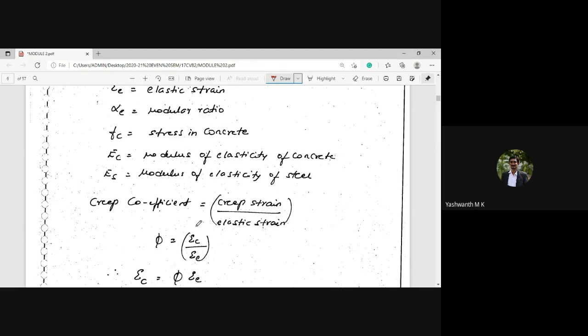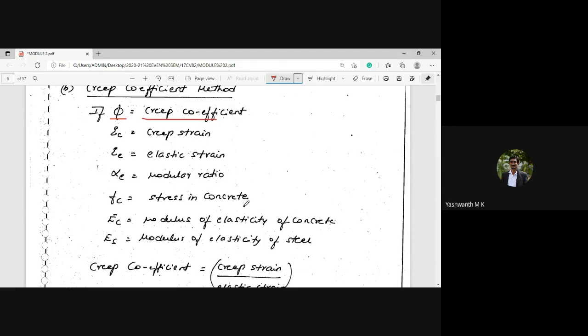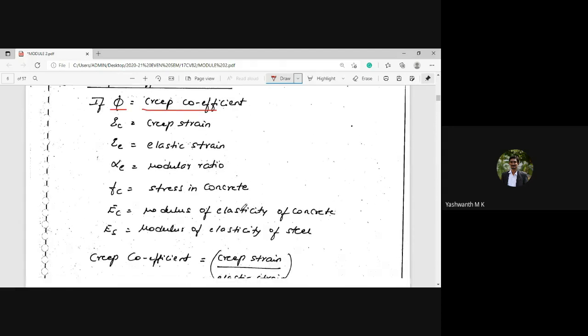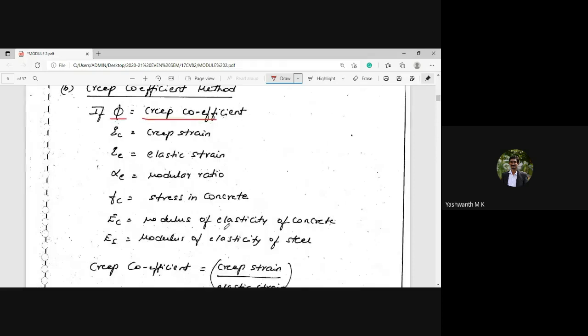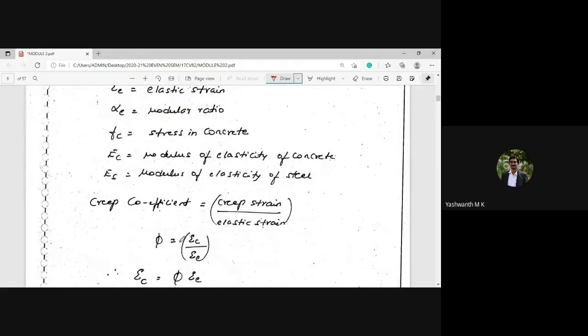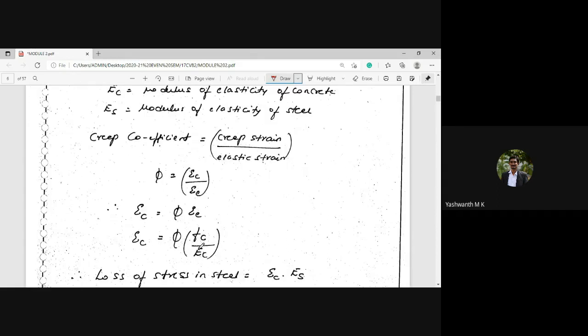So the creep coefficient is equal to creep strain divided by elastic strain. I will repeat, creep strain divided by elastic strain will get you the phi value. So phi is equal to epsilon c by epsilon e.